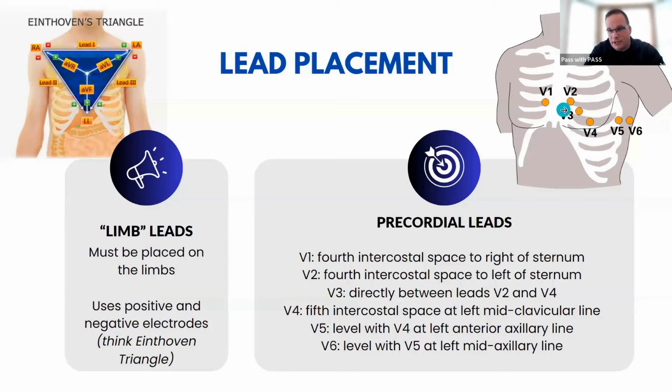And then V3 comes up here and goes directly between those. And then V5 is at the same horizontal plane as V4. V5 goes left anterior axillary, so the front of the armpit. And then V6, again, same horizontal plane, goes at that fifth intercostal space, mid-axillary, so in the middle of the armpit.